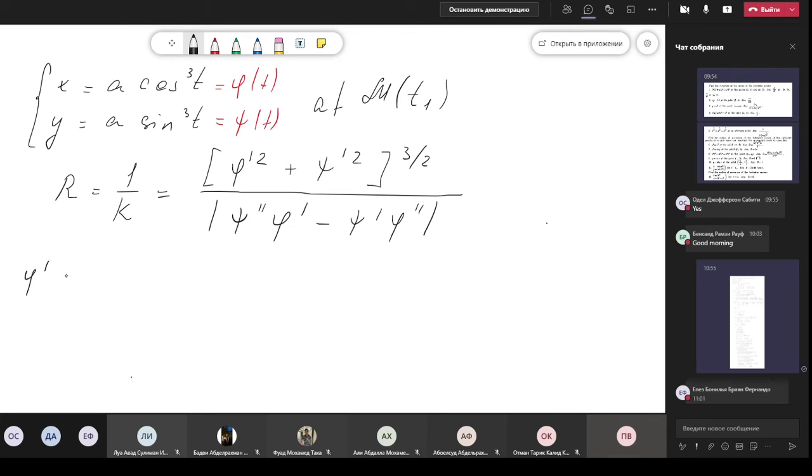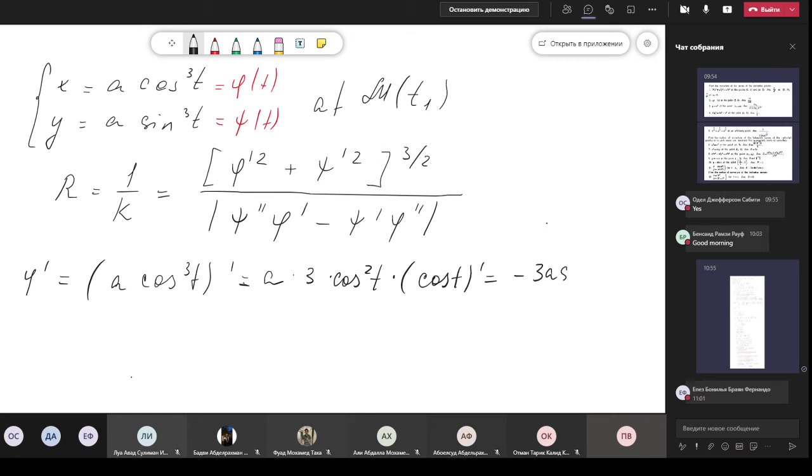Phi prime is the derivative of our x. A is a constant, it stays here. Then cubed: 3 times the function squared and the derivative of the argument. Derivative of cosine is minus sine.